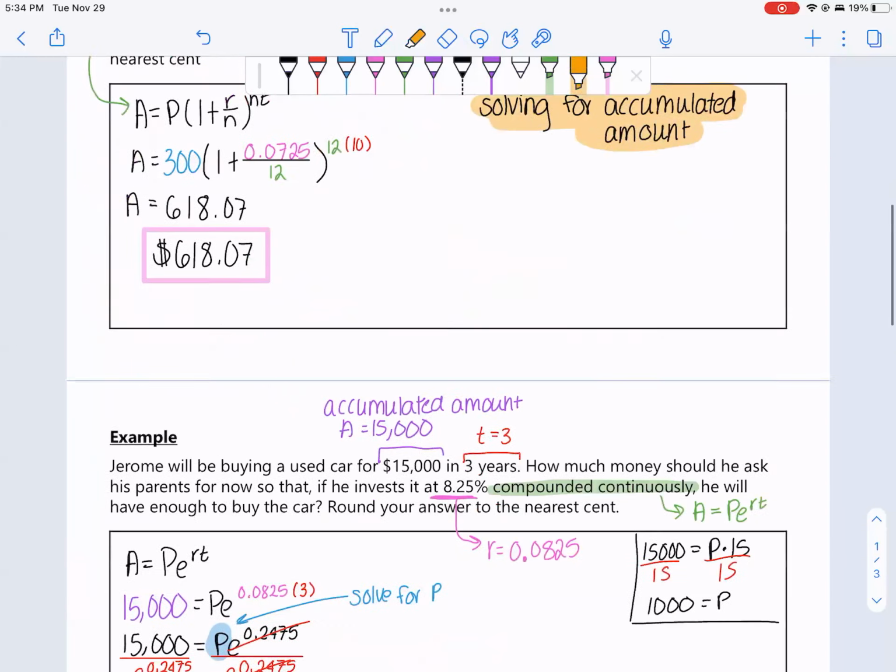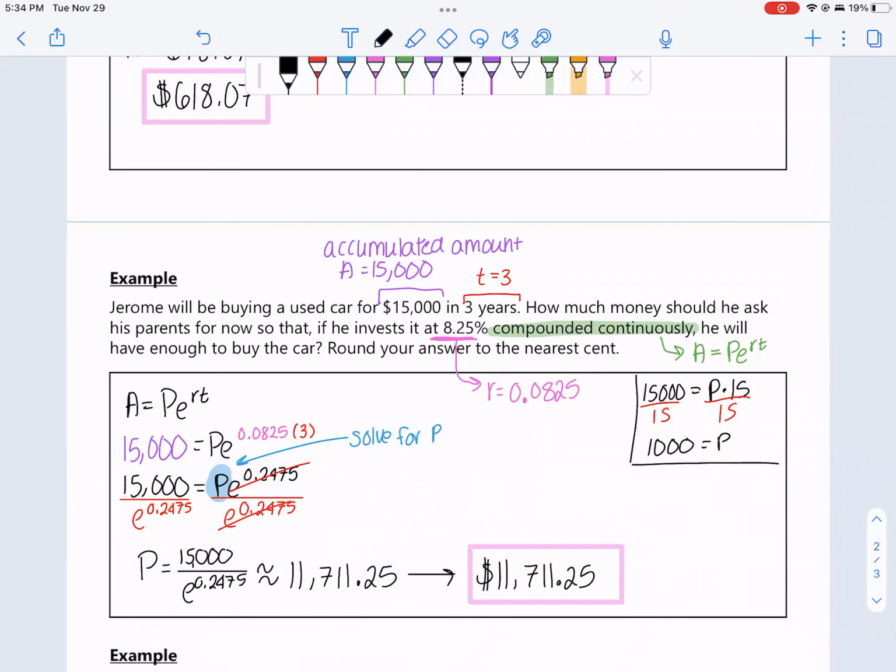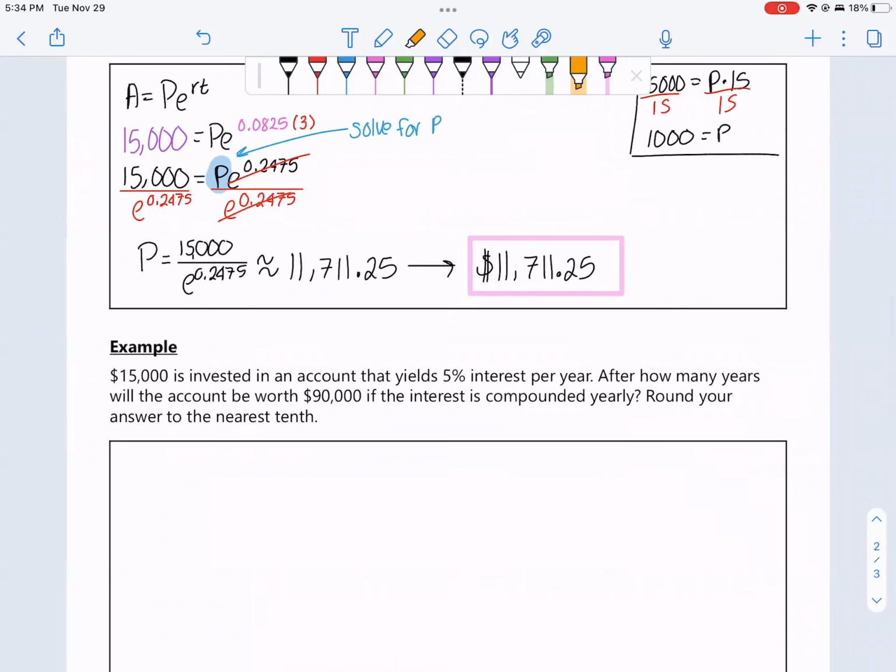So this one was solving for an accumulated amount. This is solving for principal. I'm so embarrassed. I literally just taught this section today to a different class and made a big point about that. Principal. Solving for principal. All right.